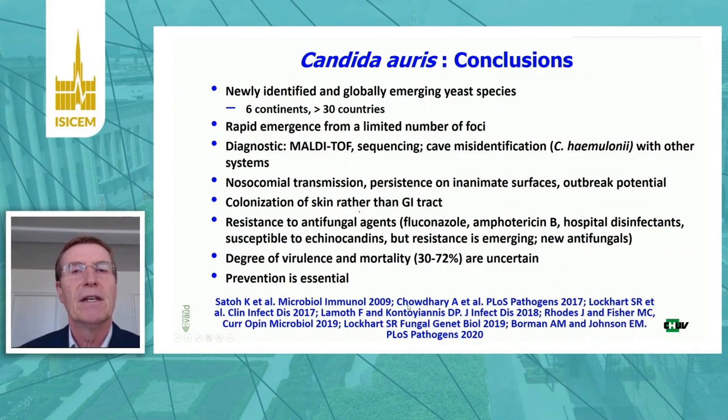The degree of virulence varies quite a lot. It has been reported to be associated with a death rate in the range of 30, but up to 70%. But the jury is still out on that, and prevention is essential.